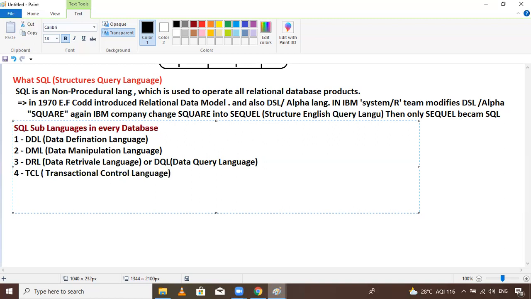In the transactional control language there are queries like commit and rollback. These are very important queries. Now the fifth point is DCL, data control language.